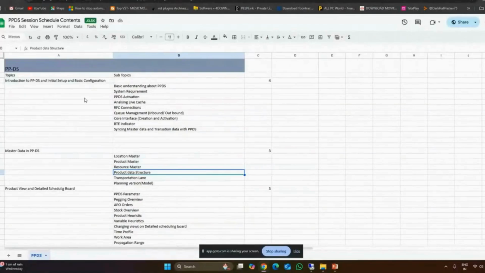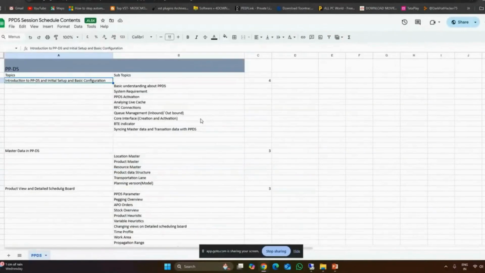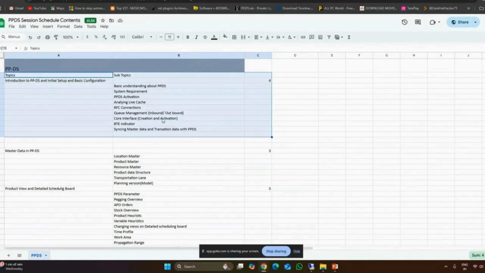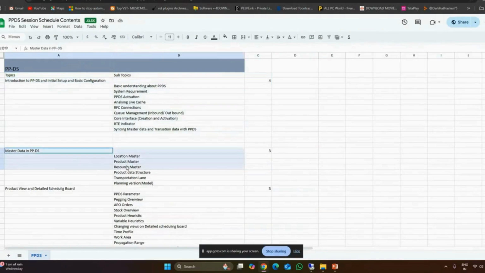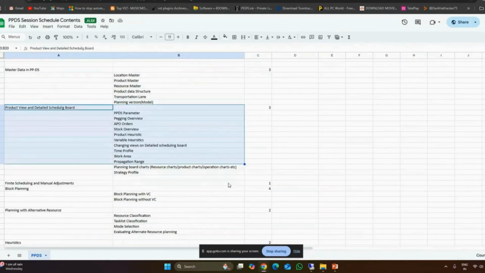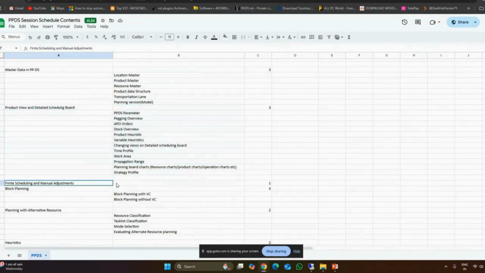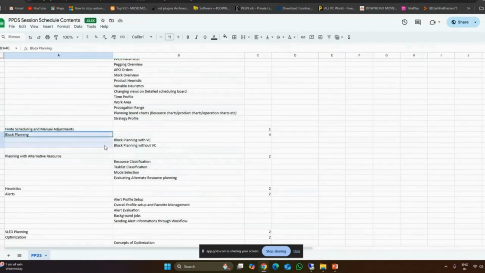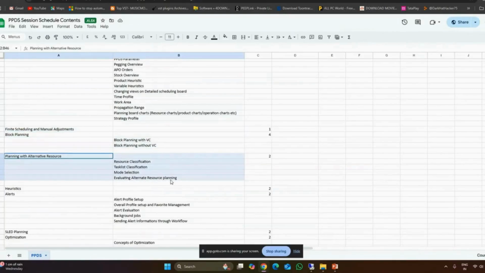Okay, so these are all the topics we will be covering: basics and configurations, initial setups, master data, and transactional data. We'll talk about product view and detailed scheduling view. Then we'll talk about finite scheduling, manual adjustment, block planning, and planning with alternate resources.